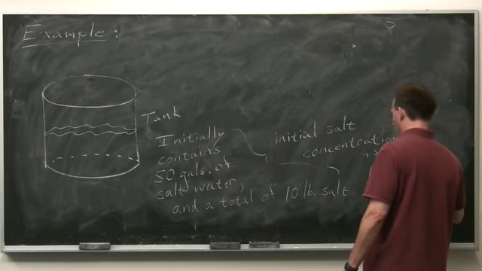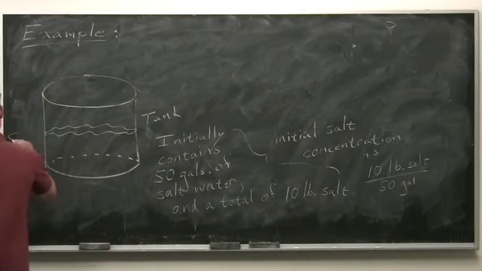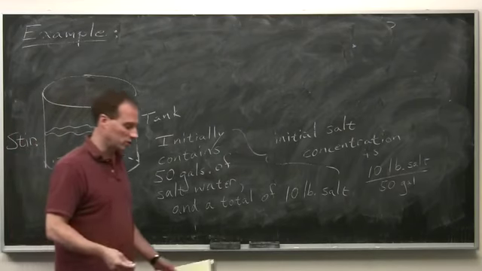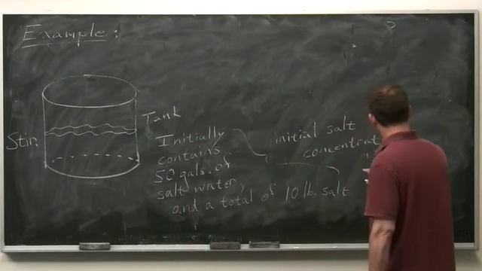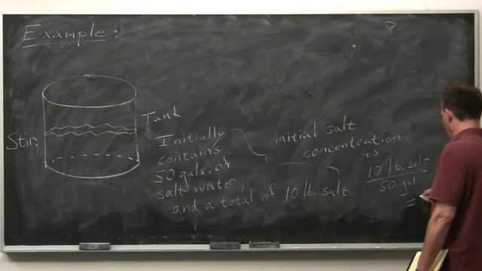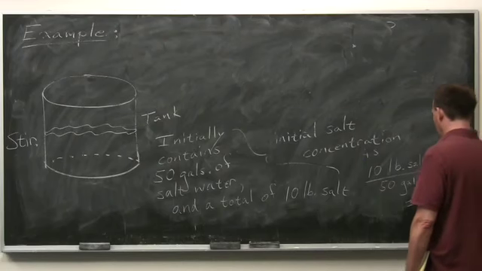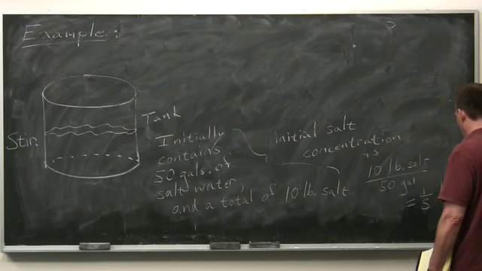And we're going to assume it's uniformly distributed throughout there. So we're going to assume this is constantly stirred, so well mixed, that any salt that's in the tank is uniformly distributed throughout the tank. So we have 10 pounds of salt in 50 gallons, so we're assuming that the salt concentration is uniformly 1/5 of a pound of salt per gallon. Great. Where's the differential equation?